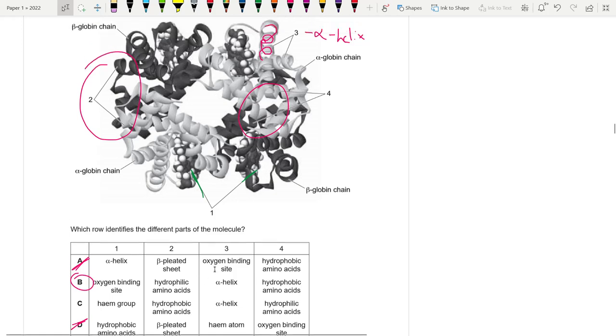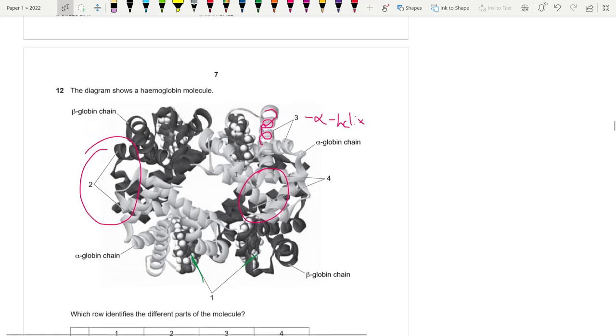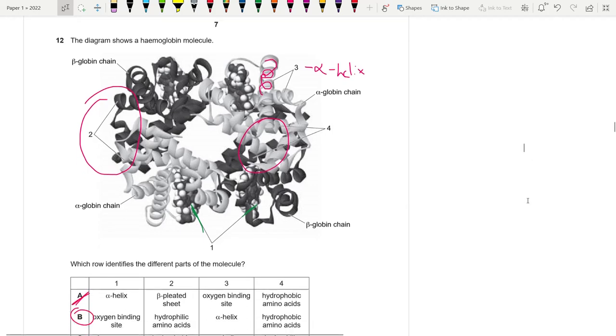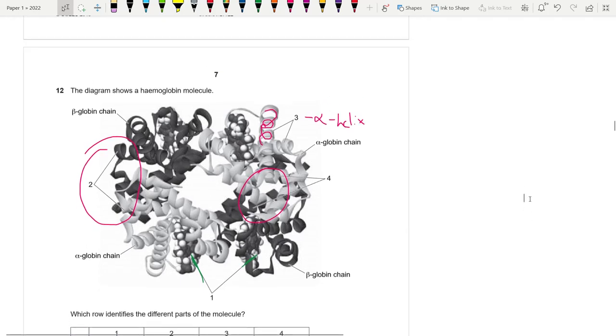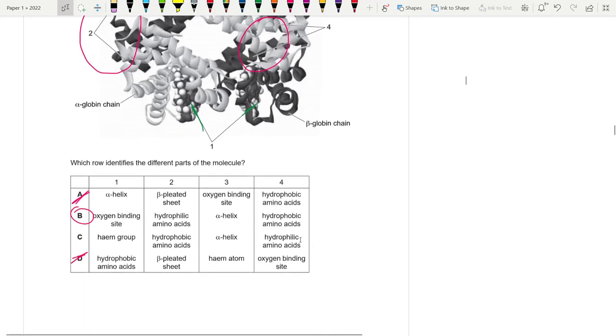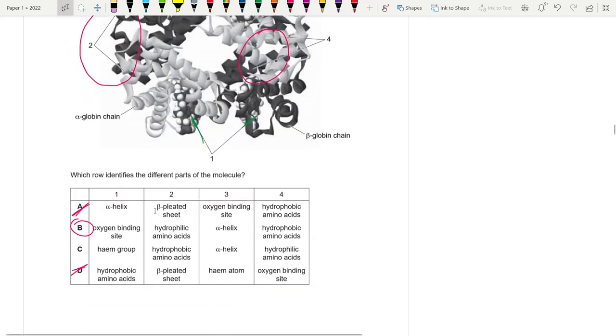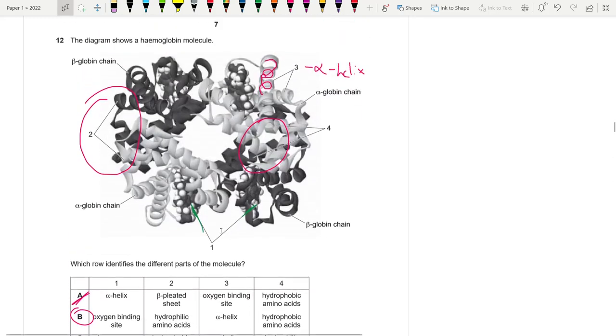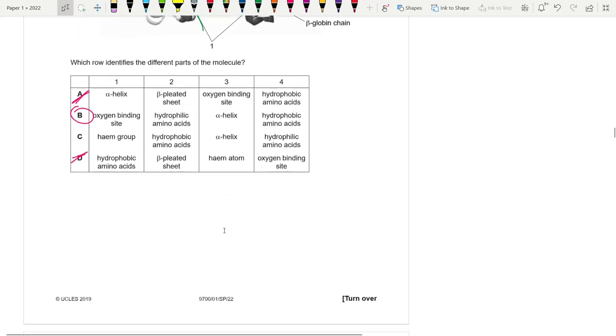So the difference is actually between 2 and 4. 2 refers to a region facing the exterior of the compound, and 4 refers to a region which represents the interior. Since this is a globular protein, remember that the hydrophobic amino acids will point towards the center. So 4 refers to the hydrophobic amino acids, and 2, the external part, refers to the hydrophilic amino acids. So 12 is B. Get it?